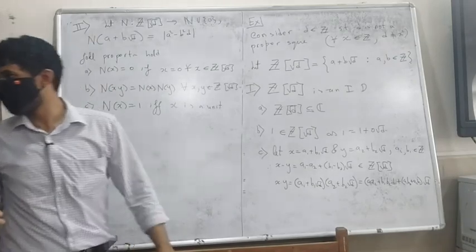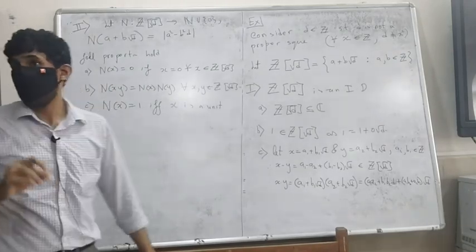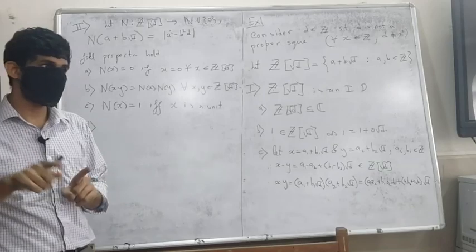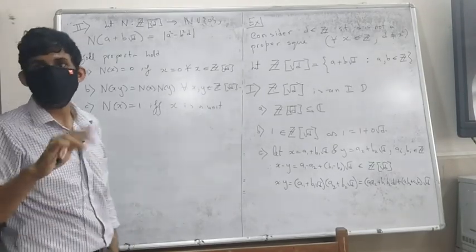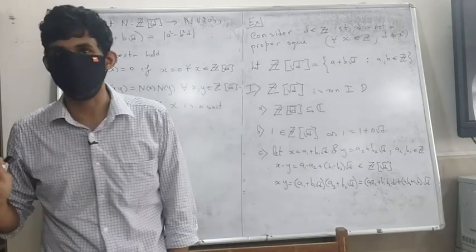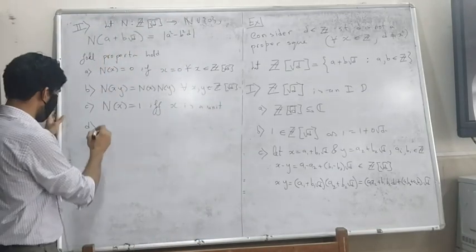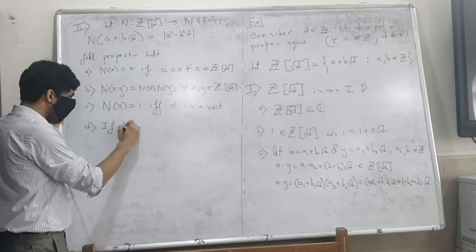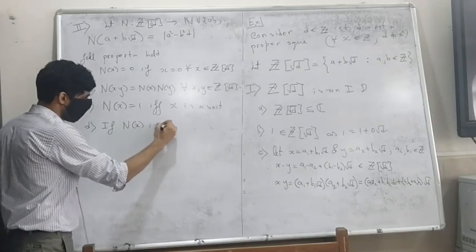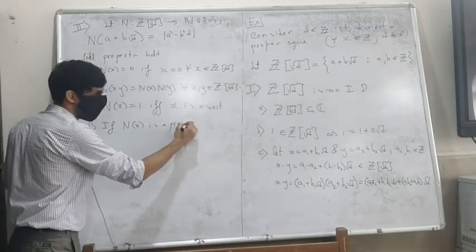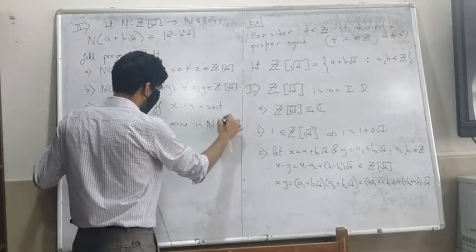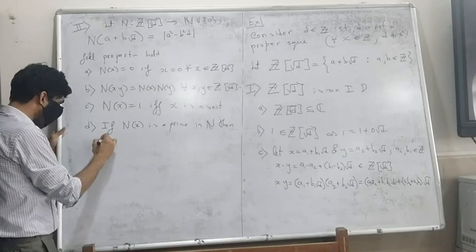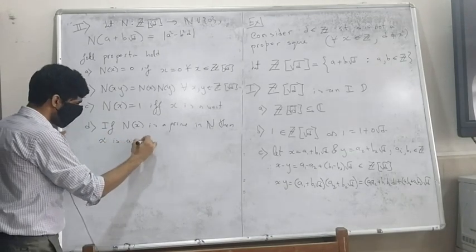Anyway, we'll come back to it. Then there's another one, which is just one direction: if N of x is a prime, then x is irreducible. If N of x is a prime, it's better I specify where, a prime in N, then x is an irreducible.